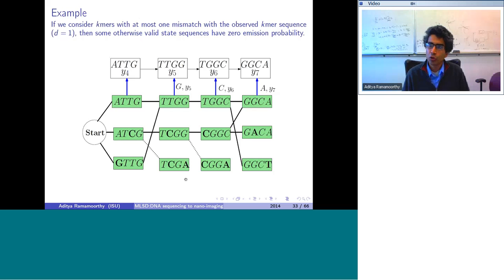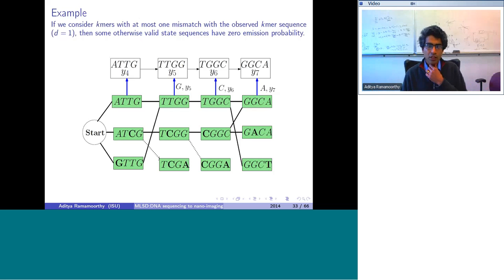The emission distribution will zero this out, because it differs from the observed k-mer in two locations. Why is this done? This is done for complexity reasons. This is otherwise a valid state sequence, but it is not going to be considered in the decoding. Roughly speaking, we can assume this parameter d enforces some form of bounded distance decoding, so we're not going to be looking too far away from the observed state sequence.